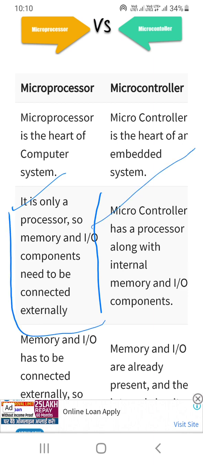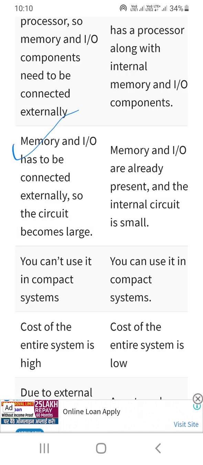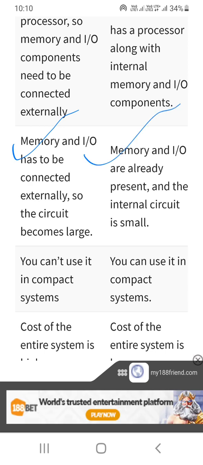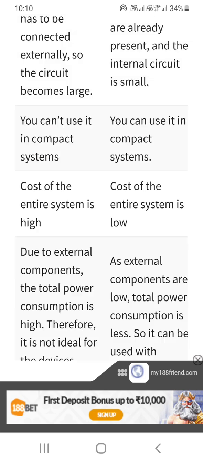A microcontroller has the processor along with internal memory and I/O components. In a microprocessor system, memory and I/O have to be connected externally, so its circuit becomes large. In a microcontroller, memory and I/O are already present and the circuit is small.